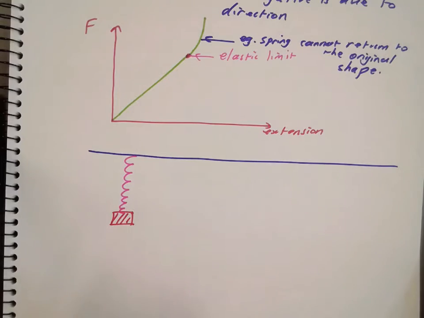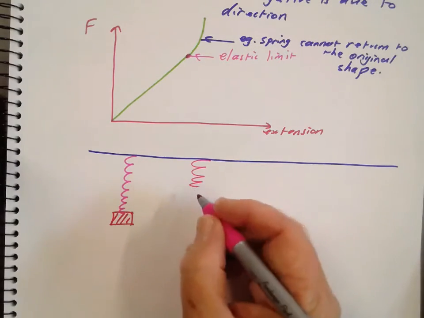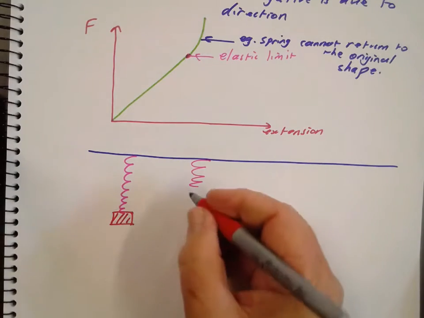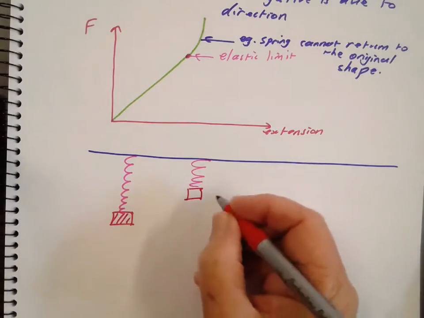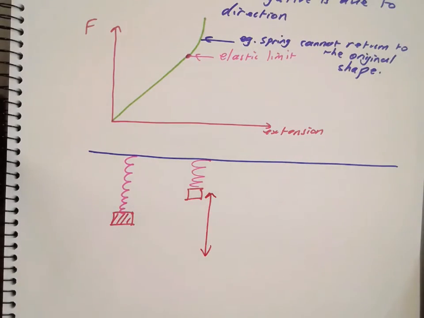If we then lift that mass and let it go, we know that that mass is actually going to oscillate upwards and downwards around that center point from before.